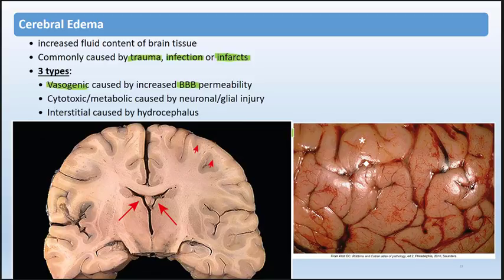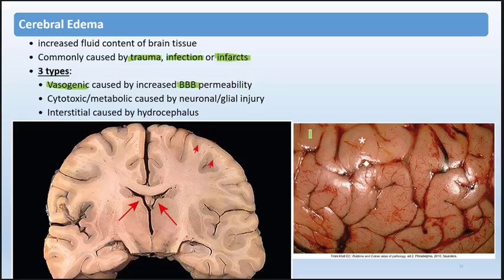So the blood-brain barrier becomes disrupted. And what will then happen is plasma proteins that normally exist within the vessels are going to leak out, because of this vascular damage, into the extracellular spaces. And when these proteins leak out, they're going to draw water with them. This is going to overall increase the water content of the brain's parenchyma.